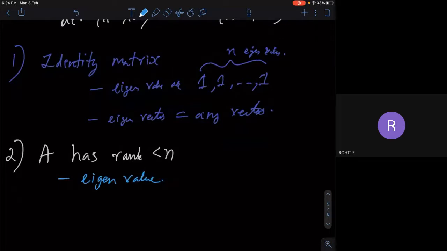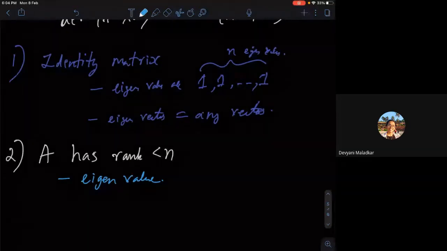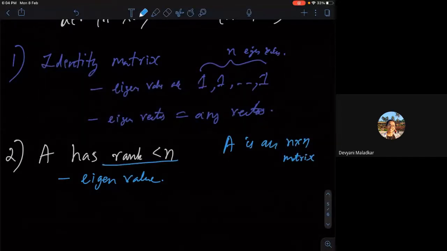Could you please repeat the question? Okay, I have a matrix A, which is an n cross n matrix, but I give you the fact that the rank of A is less than n. Now, can you tell me about at least one eigenvalue?